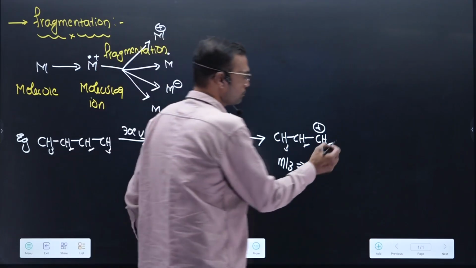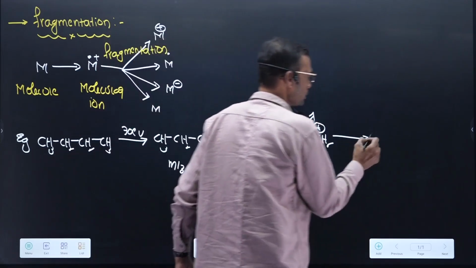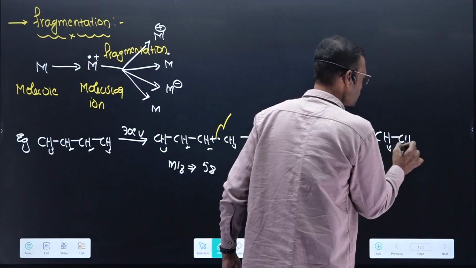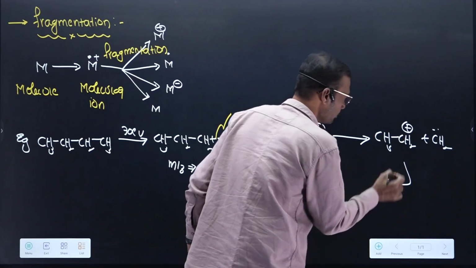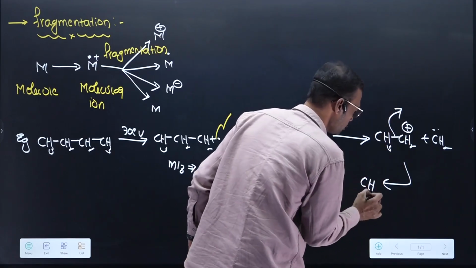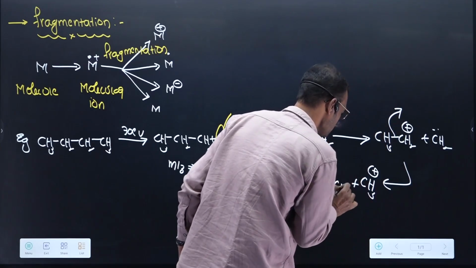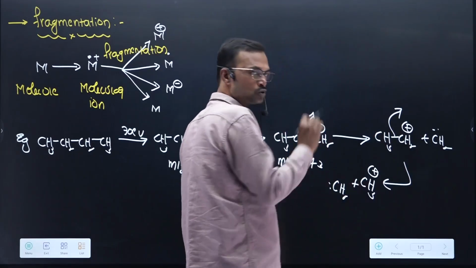Okay. Then see, this is successive fragmentation. Remove this CH3, and you get CH2 plus, and what is removed here? A carbon. Then one more time, remove this one. Then you will get CH3 plus, and this is CH2 radical. So this is successive fragmentation.